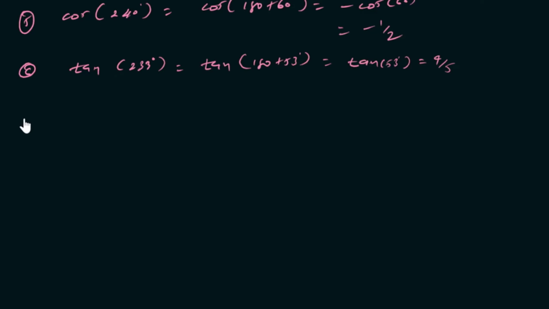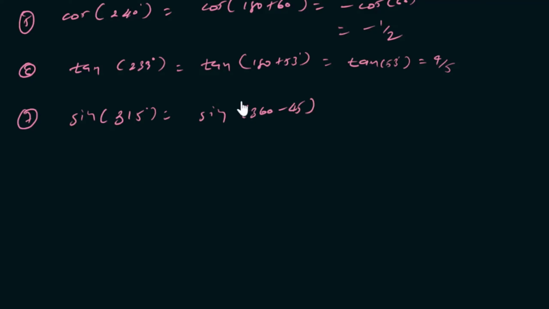Now let us have an angle which is more than 270 degrees and less than 360 degrees. That will be our fourth quadrant. Our seventh example is sin 315 degrees. I can take it as sin(360 - 45).